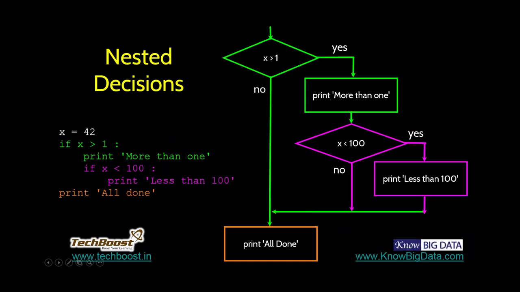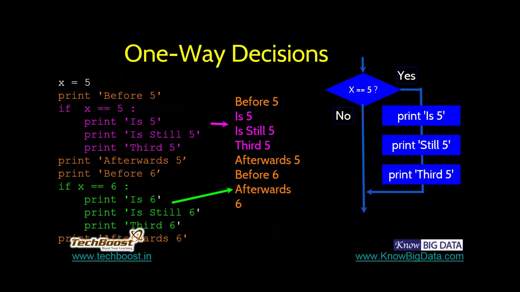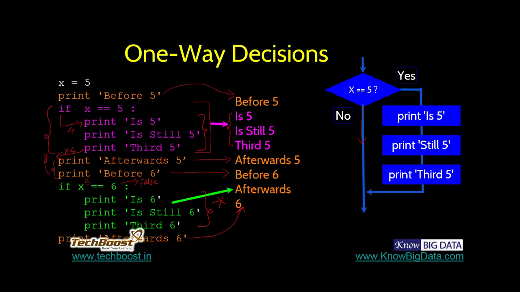Now let's see. We just saw one-way decisions. Yeah, we just saw one-way decisions. That is, if we have one way, that means we do not have an alternate way to go if the condition is not satisfied.